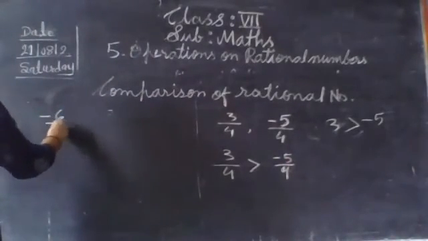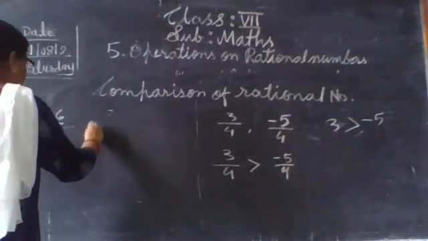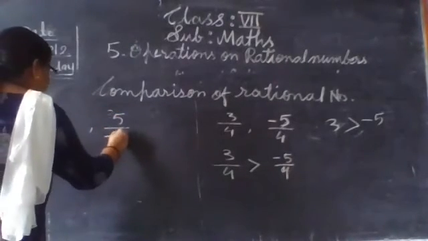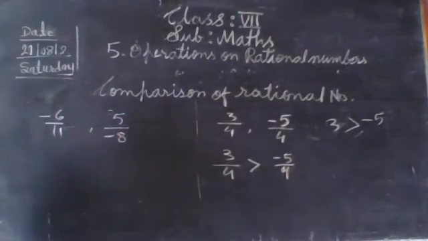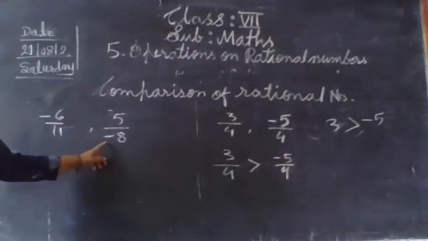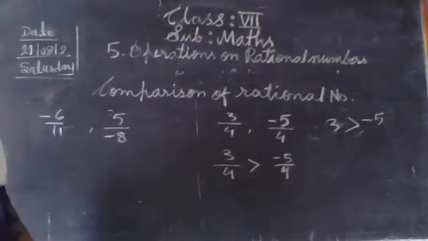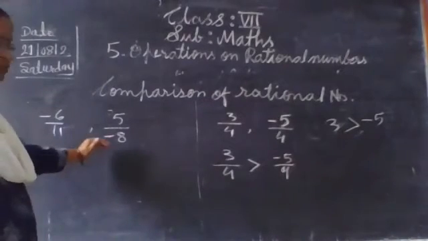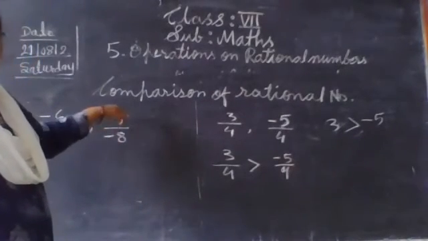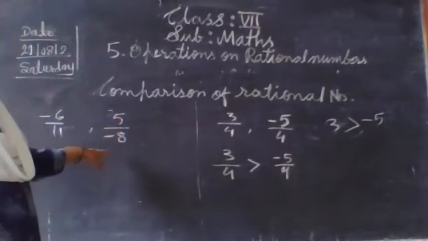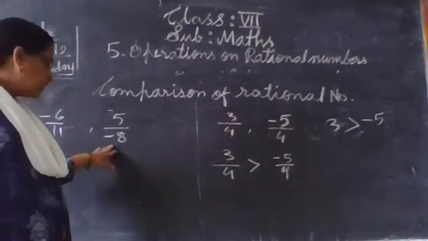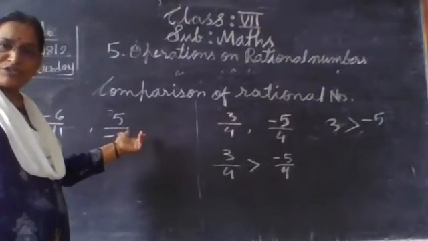Or let's see one example. Minus 6 upon 11 and 5 upon minus 8. Okay, so you always remember this thing. Denominator should not be 0, and also it should not be negative. Yesterday we saw how to convert a negative denominator into a positive denominator.